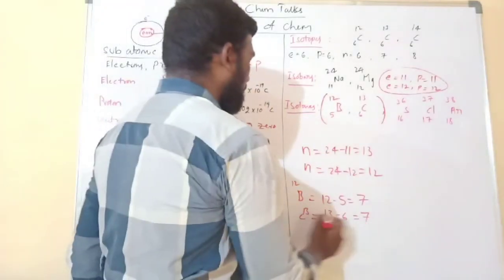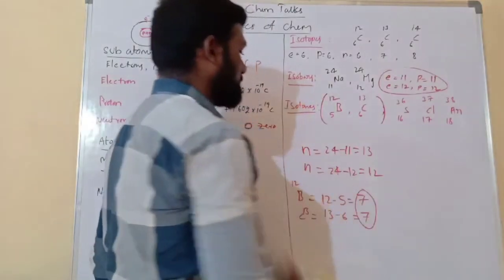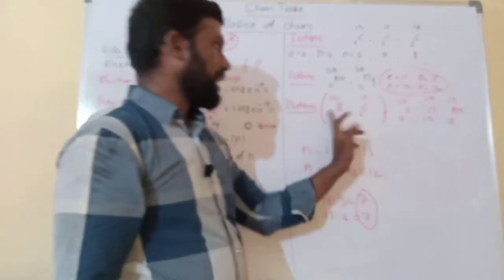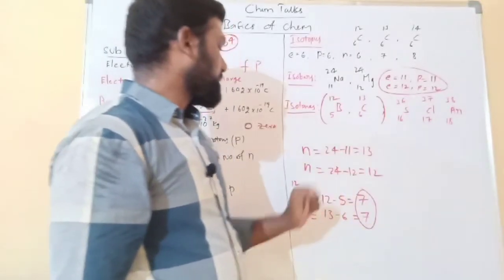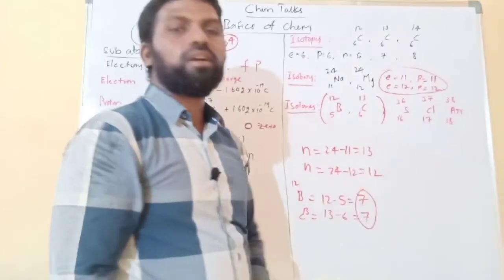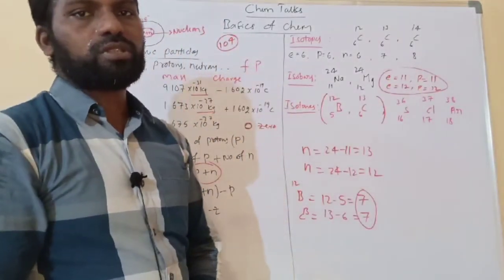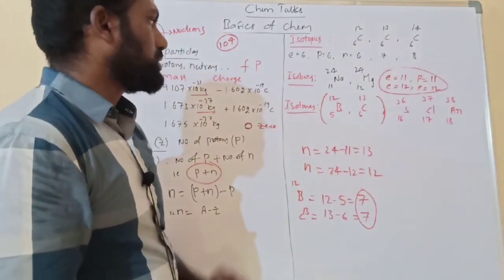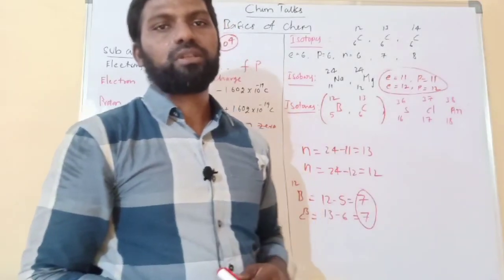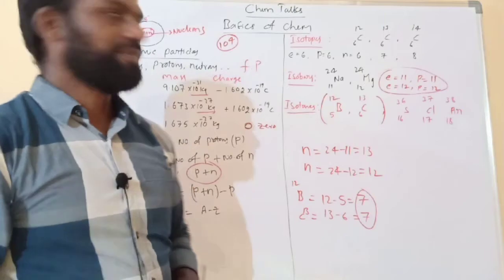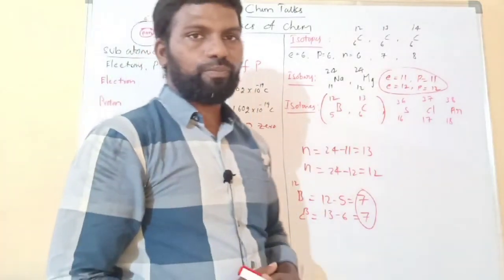That means both are having same number of neutrons. Different atomic numbers, different mass numbers, but having same number of neutrons. They are called isotones. Isotones means the species which are having different atomic numbers and different mass numbers but same number of neutrons.